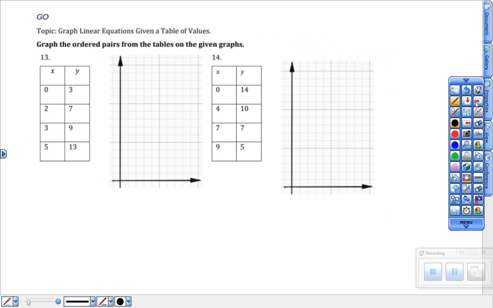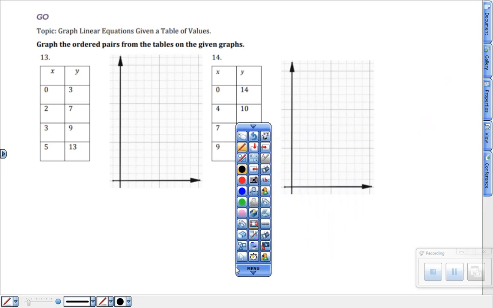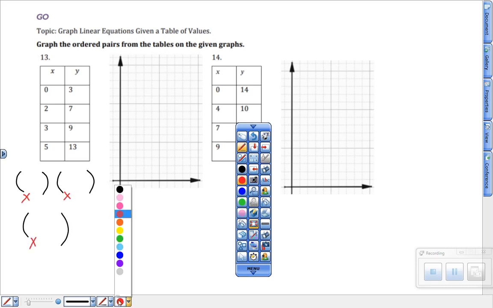Second to last thing are ordered pairs. Again, if we give you a table with ordered pairs, we need you to know that these are coordinates to write down. Coordinates are always x first and y second.